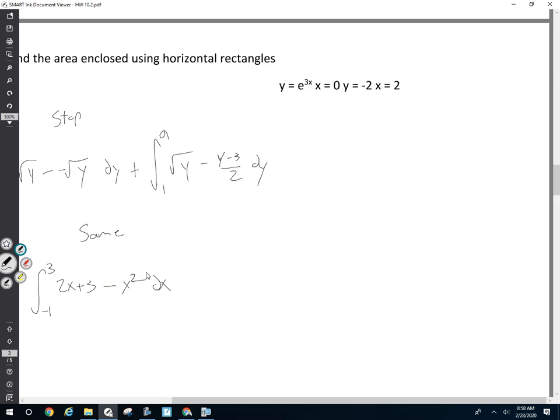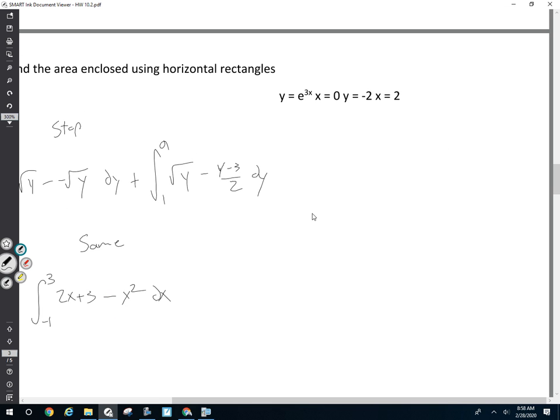A little too much here. This one might be a little more advantageous. Not really, but let's go for it. We have y equals negative 2. We have e to the 3x.